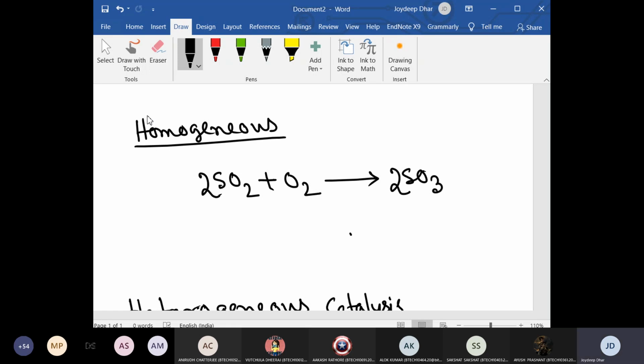In that reaction, nitric oxide acts as catalyst. Here you can see sulfur dioxide is gas, oxygen is gas, and nitric oxide is also gas. So this is known as homogeneous catalysis, or the catalyst is known as homogeneous catalyst.